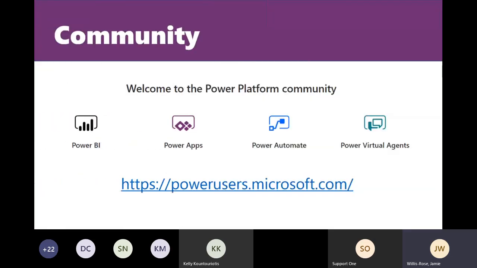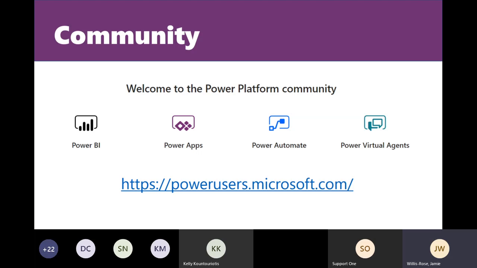Other things that I highly recommend, if you haven't already done it, is join your communities. There are online communities. Obviously, we're all social distancing right now, or spatial distancing. So online resources are the key right now to staying in touch with people. And the community is very active and a great place to meet people and learn.